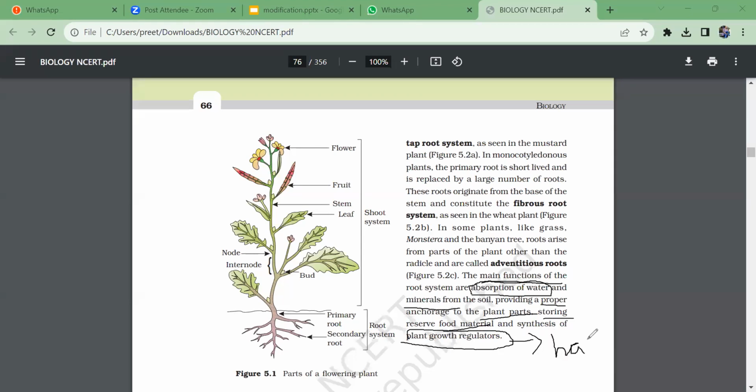So roots are also the site of synthesis of hormones. Understood? Okay, so we'll move ahead.